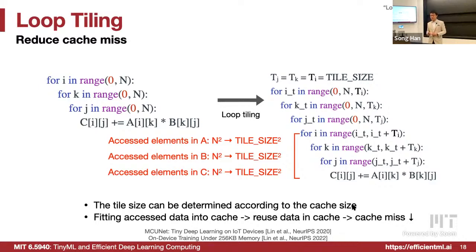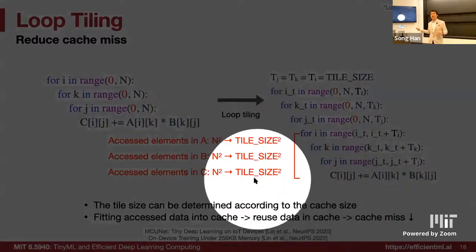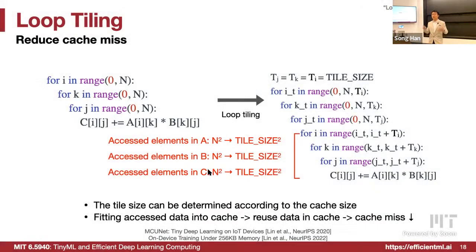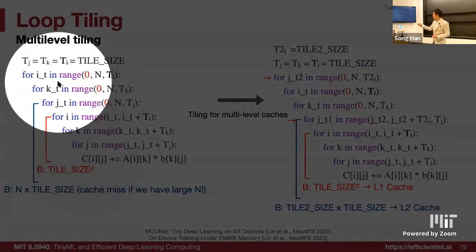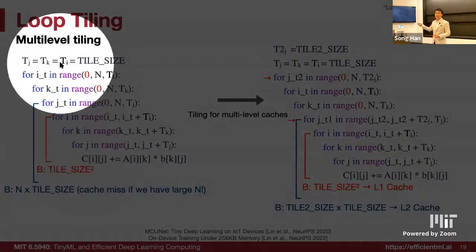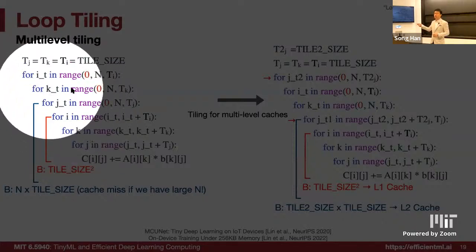miss. What if we have multiple levels of cache? Here we just assume we have a single level of cache. We want to make sure tile size squared can fit in the cache. What if we have two levels of cache? We can add another level of tiling. Previously we were doing i, j, k, it, kt, jt. So this is one level of tiling, where we added 3 for loops.